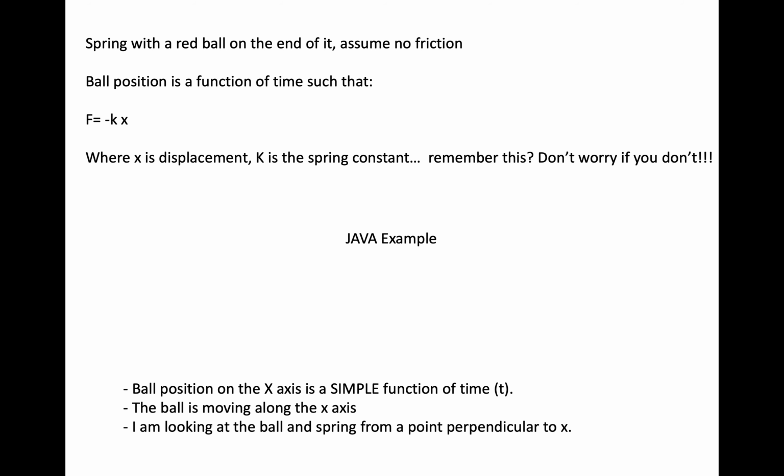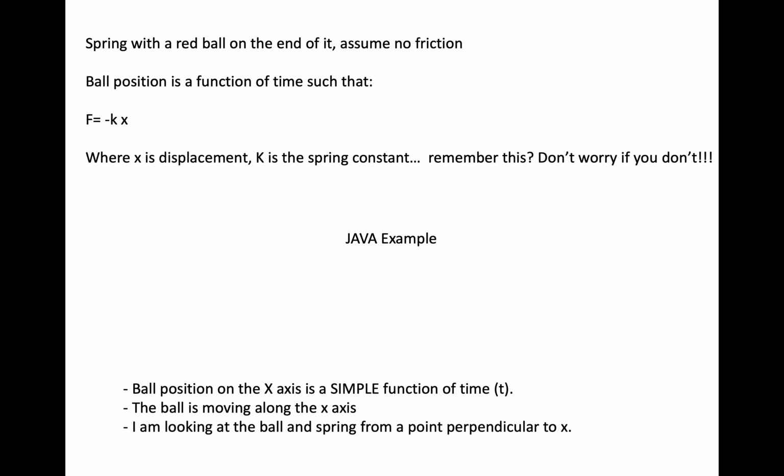And in order to explain how PCA works, I'm going to give you an example. I'm going to get you to imagine a spring, like the ones you used to do at school when you were studying physics, and there's a red ball on the end of it. We're going to assume no friction. We don't have to care about friction in this case.